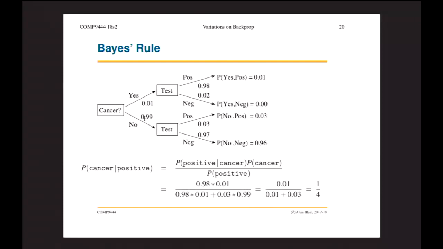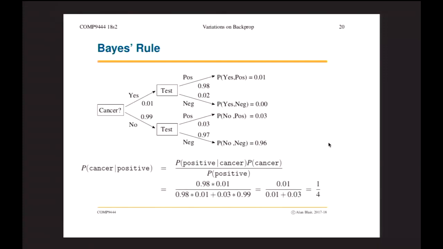And the probability of them not having cancer and the test being positive is 0.99 times 0.03, which is about 0.03. So the probability of them having cancer is this divided by this plus this, right? So it's 1/4, right?